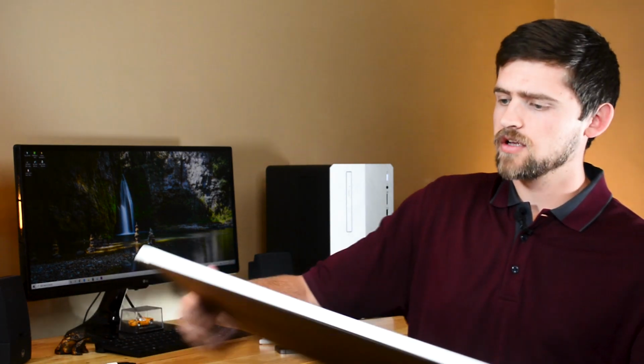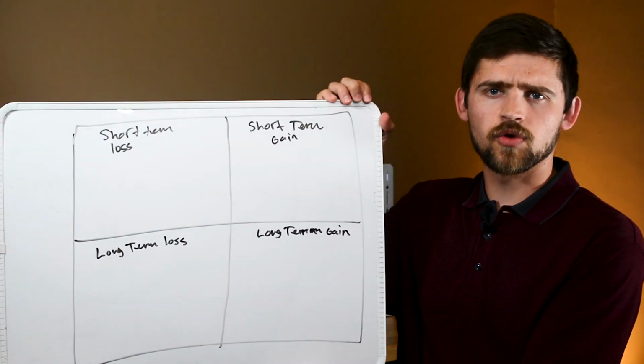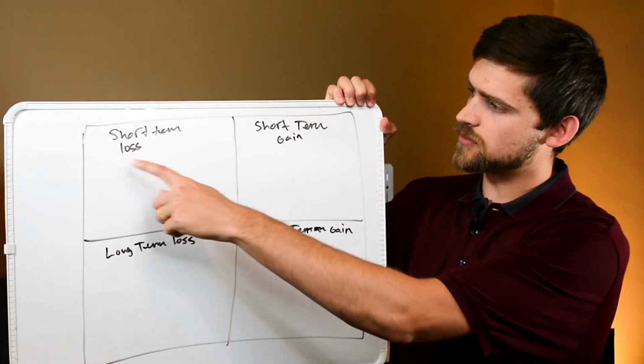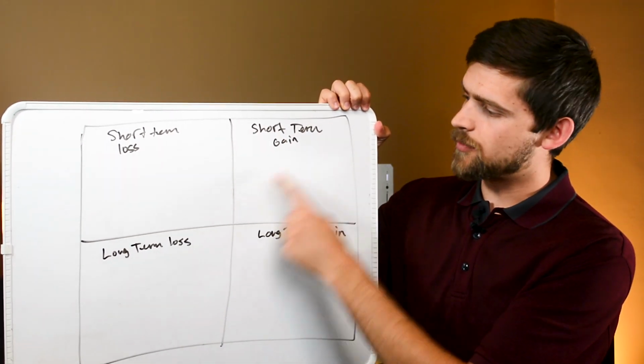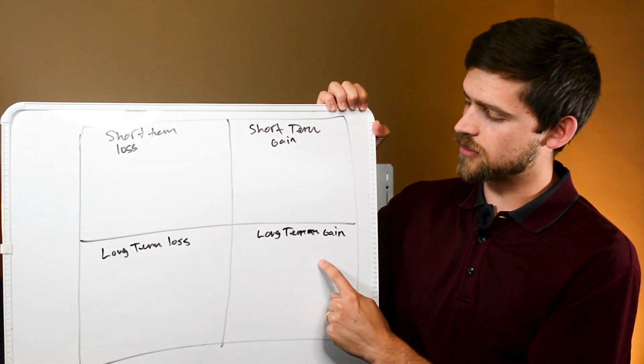And I will put on the top one short-term loss, and then short-term gain, and then long-term loss, and long-term gain. Okay, so as you can see here, I've put in what it is on each four of these quadrants. I've put my short-term capital loss, short-term capital gain, long-term capital loss, and long-term capital gain.